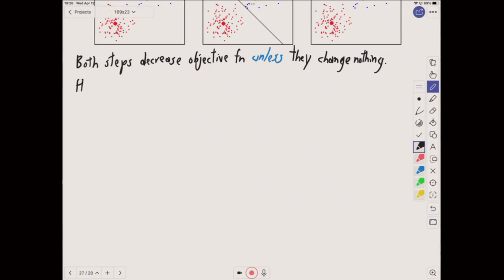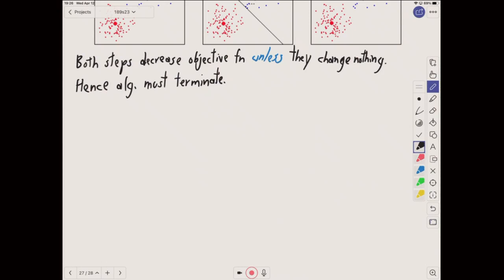And because of that, and the fact that there's only a finite number of possible assignments, the algorithm has to terminate. Now, that doesn't mean it has to terminate in polynomial time because there are an exponential number of possible assignments, and you might have to go through a lot of those, but it will terminate if you run it long enough. And in practice, it usually terminates relatively quickly.